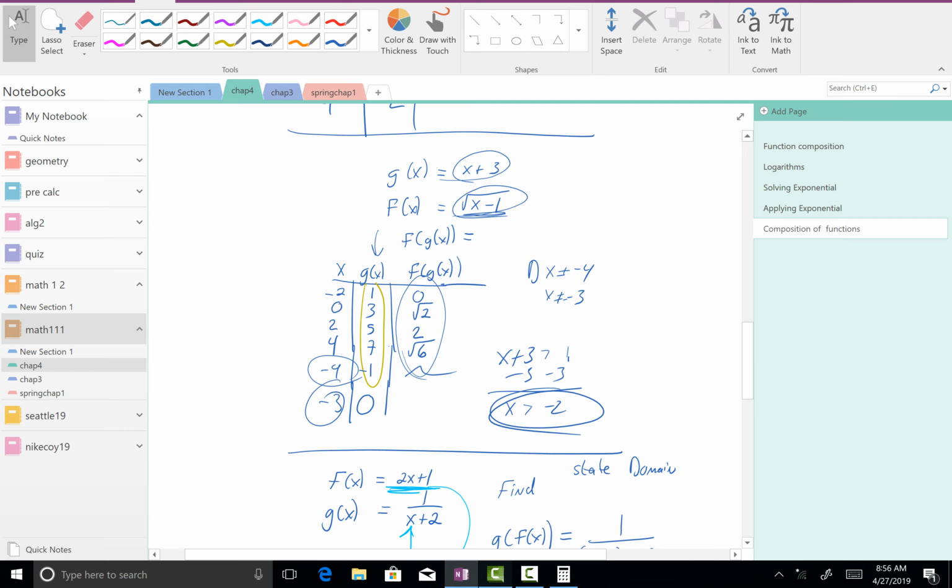But what value gives us that? That's what's confusing about this. I see what you guys are thinking: well, -2 doesn't work in this, so why isn't that part of the domain? Well, because we're more interested in what number gives us that particular value.